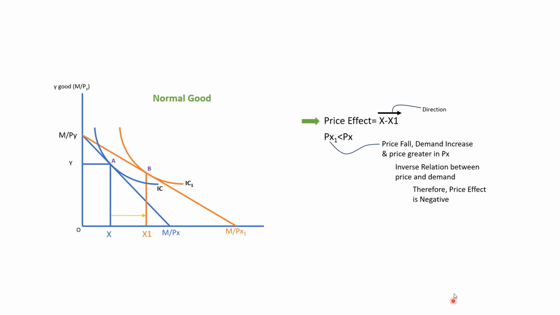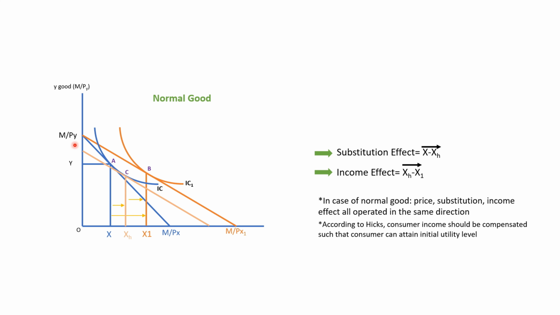Now we will see what happens when income decreases to the initial level. So at this point his income increased and the price of good X decreased.